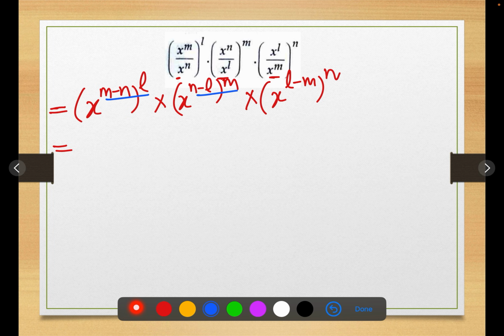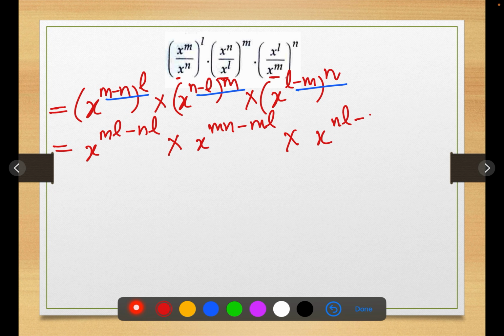Here I'll multiply powers: x to the power ml minus nl, multiply x to the power mn minus ml, multiply x to the power nl minus mn.